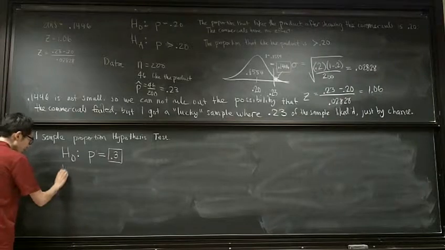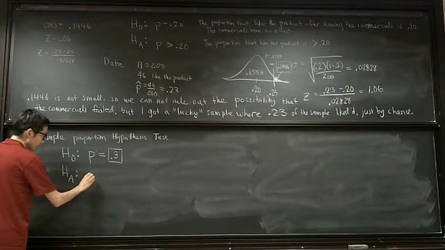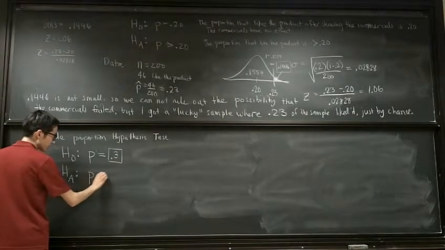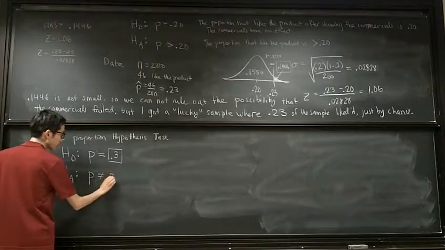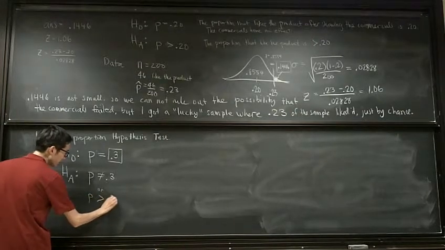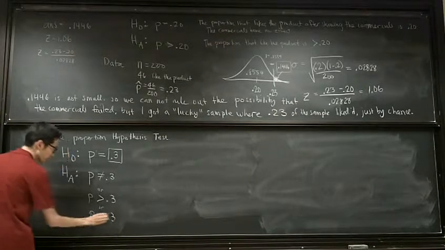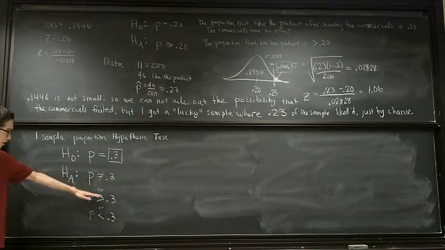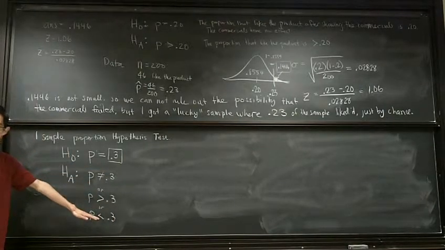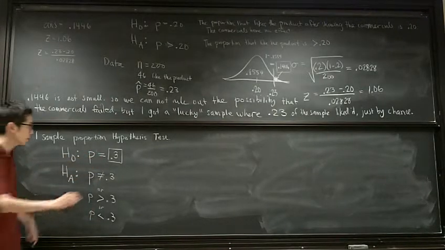The alternative is going to be p does not equal 0.3, or p is greater than 0.3, or p is less than 0.3. It's either not equal to, greater than, or less than. The null hypothesis will always have an equal sign.